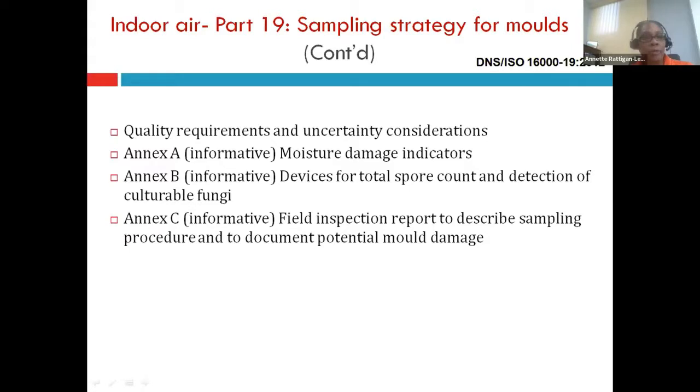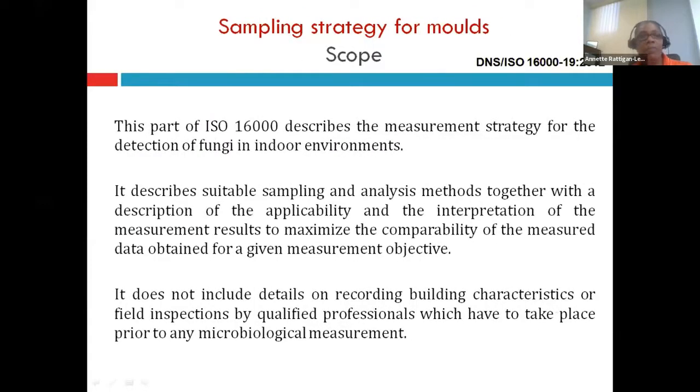We will, for part 19, basically wrap this up in terms of understanding what the scope of part 19 of this sampling strategy for molds entailed. So basically, with regard to the scope, this standard covers measurement strategies, sampling, analysis methods. You need to note that it does not cover building characteristics, and it does not cover the assessment of occupants within that building.